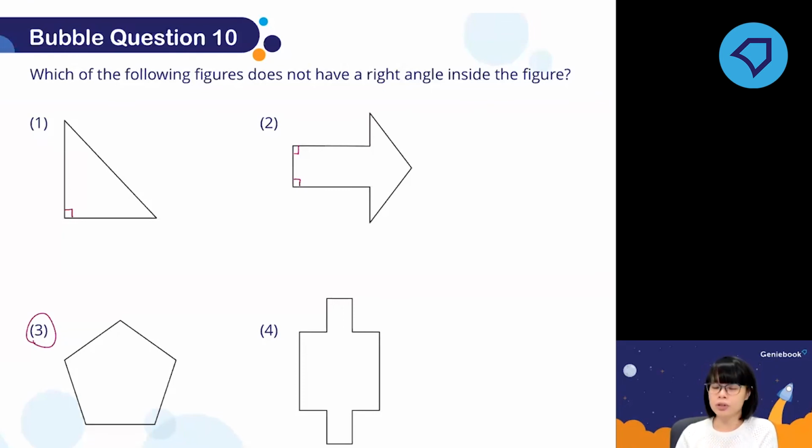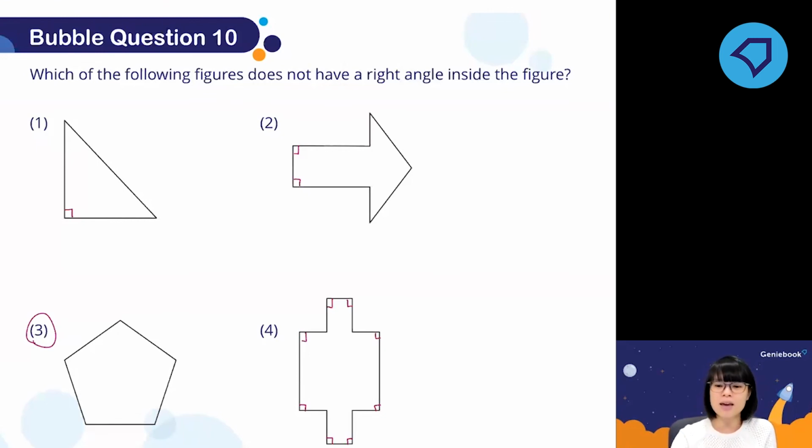How about option number 4? Just do a quick one. How many right angles are there in option number 4? Wow, 8. Excellent job. We have 1, 2, 3, 4, 5, 6, 7, and 8. There are 8 right angles in option number 4. Okay. So in this case, the answer is option number 3.